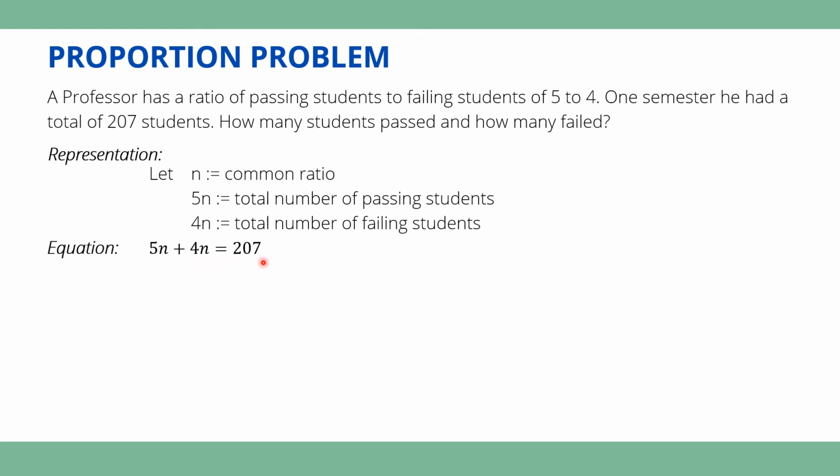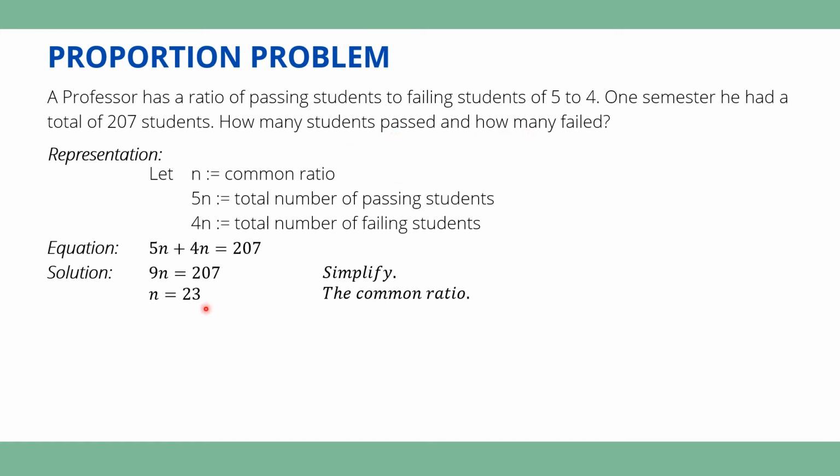So let's solve for n, our common ratio. First, simplify 5n plus 4n, and we will have 9n equal to 207. Then dividing both sides by 9, you will have n equal to 23. So this is now our common ratio. Again, this is not the final answer yet. We have to find what is asked, which is the total number of passed and failed students.